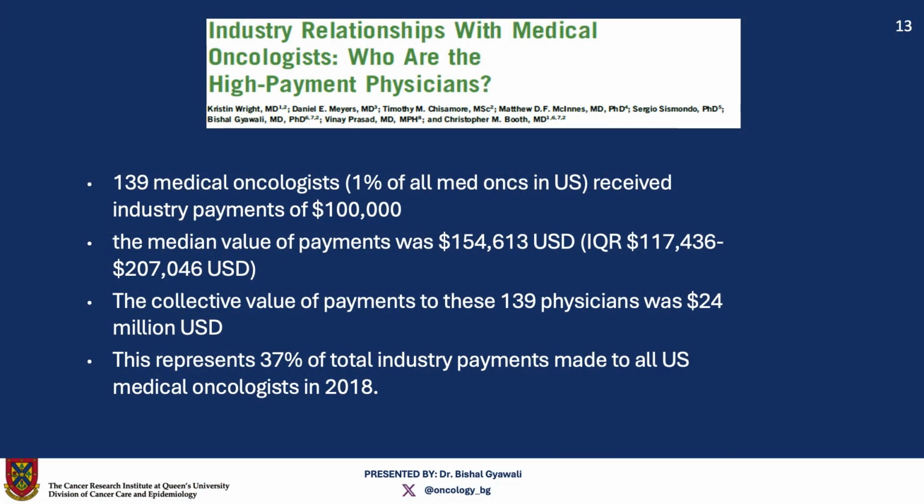In one of our studies, where we looked at high payment oncologists in the United States, we saw that among the 1% of medical oncologists in the US who were considered high payment physicians, who received industry payments of more than $100,000 a year, the median payment they received was $150,000 USD per year. And the highest earners would earn more than their annual salary through payments from the industry.